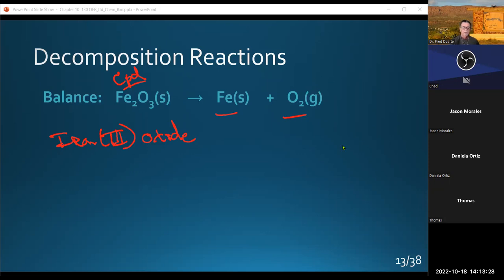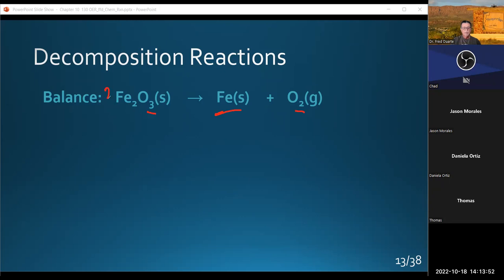Okay, let's balance it. All right, well, again, we have the element all by itself. Let's leave him for last. Okay, we have a dissimilar situation. We got 3 oxygens here on the left, 2 on the right. Okay, well, let's balance the oxygen.